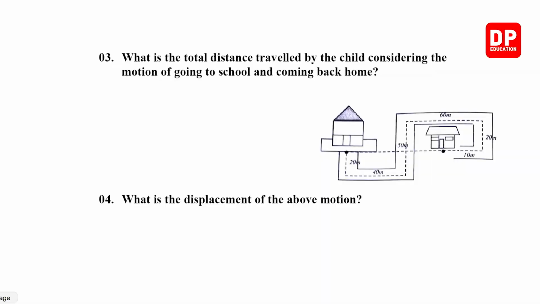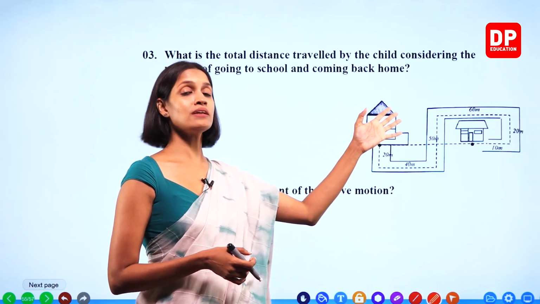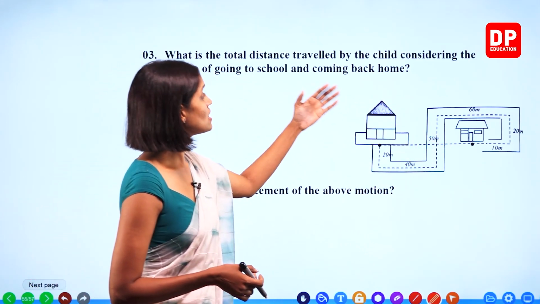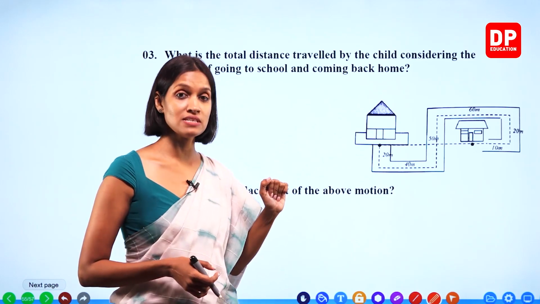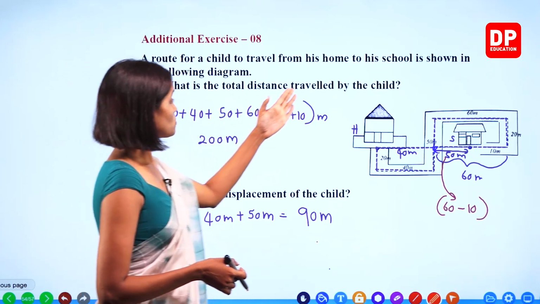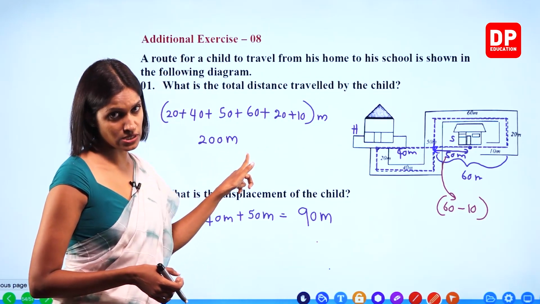Right, children? What is the total distance travelled by the child considering the motion of going to school and coming back home? In the morning he goes to school and in the afternoon he comes back home. So when you consider the entire motion, what is the distance? You all can see just to go to school from home, the distance is 200 meters.